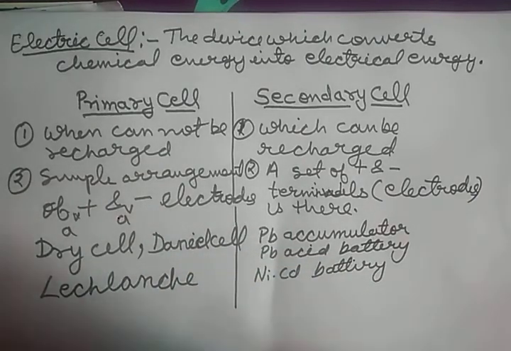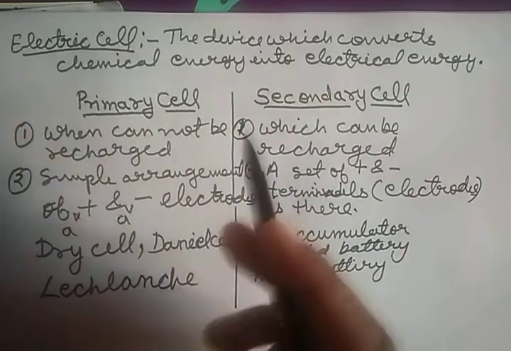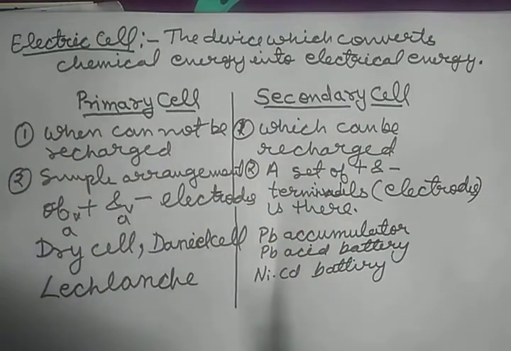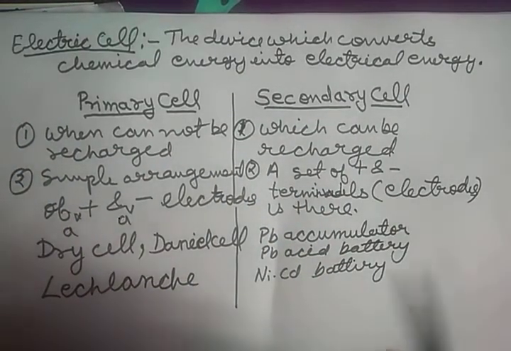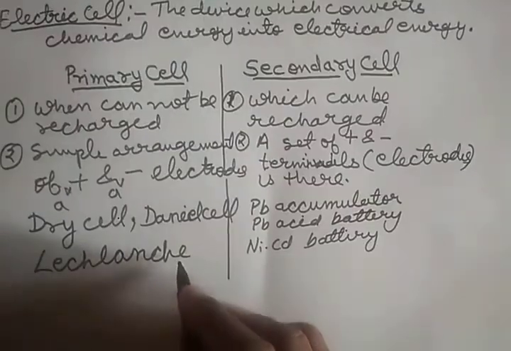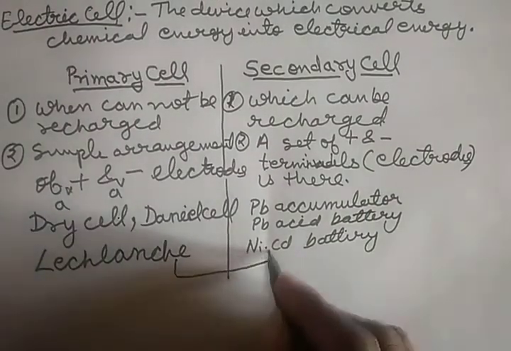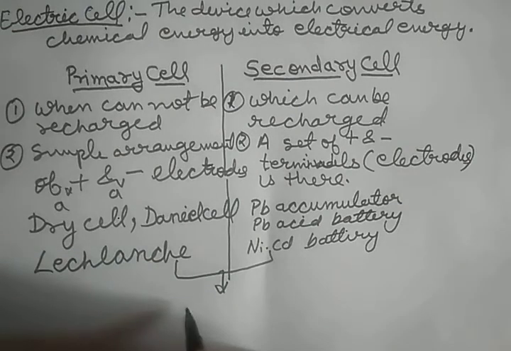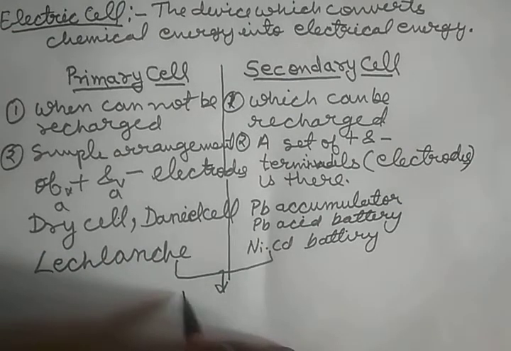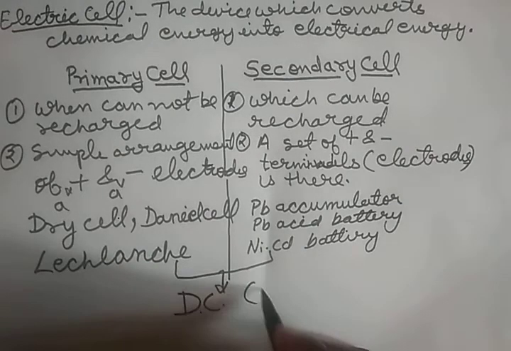So such are secondary cells. So both of these cells produce DC, that is direct current.